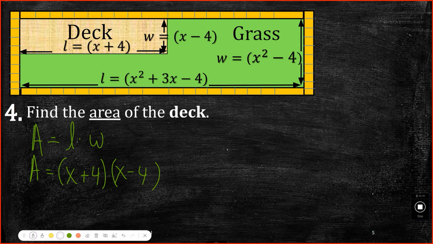Then we're going to multiply. X times x. X times negative 4. 4 times x.